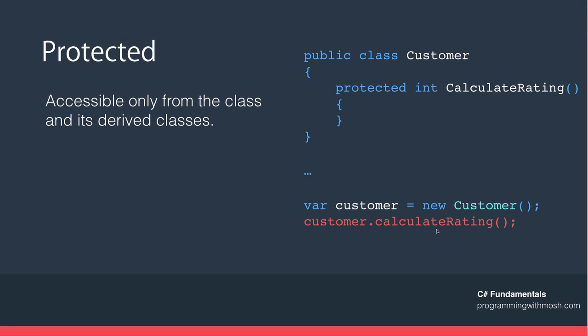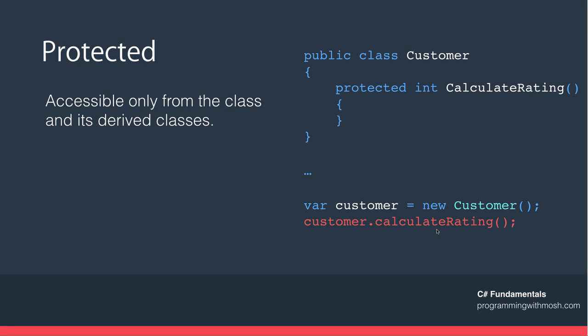Now, there is a problem here. The problem is, as we explained in the last slide, calculate rating is about the implementation detail, which should be encapsulated inside the customer class itself. We don't want anywhere else in the code to know about this method, because we may change it in the future. We may rename it, we may change its parameters, or we may even remove it.